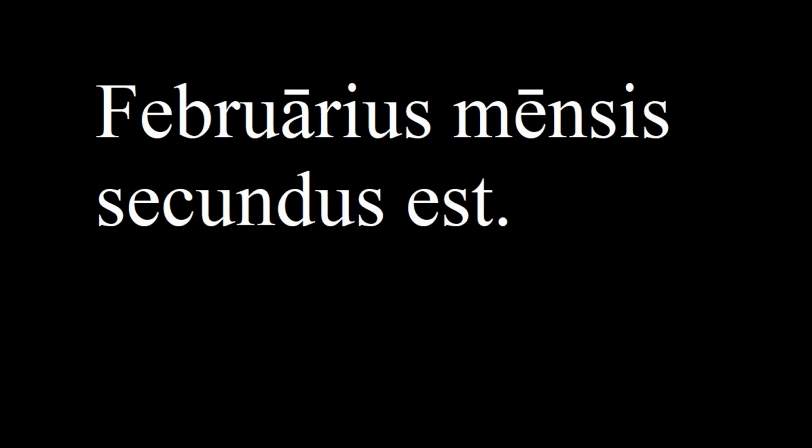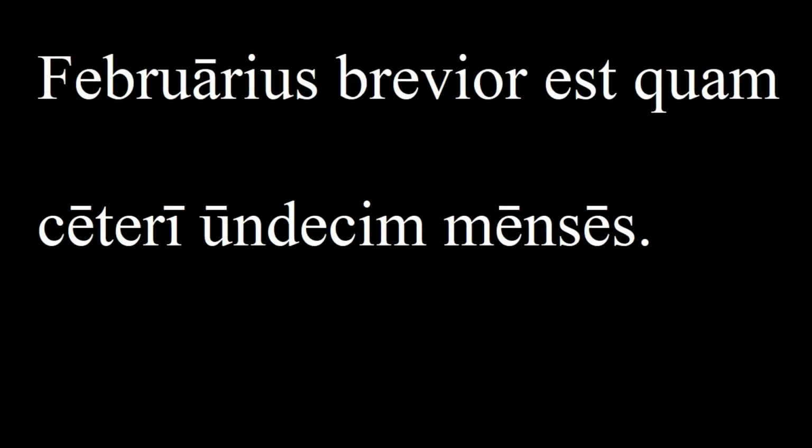We just change the vowel slightly and add a second declension ending. And remember, word order is flexible in Latin. Can you figure out the next sentence? Februarius brevior est quam ceteri undecim menses. Brevior means briefer.